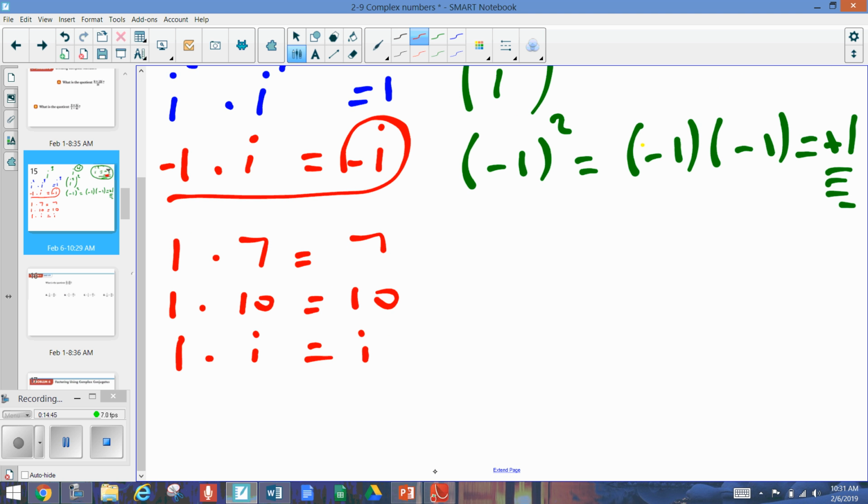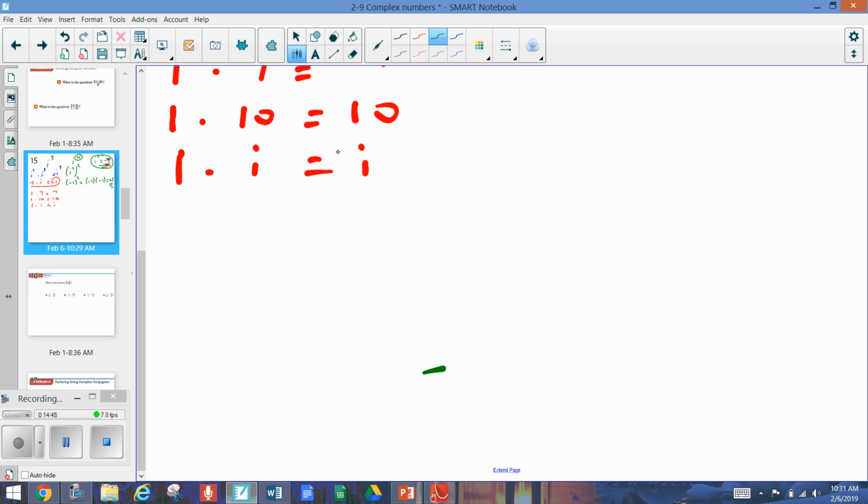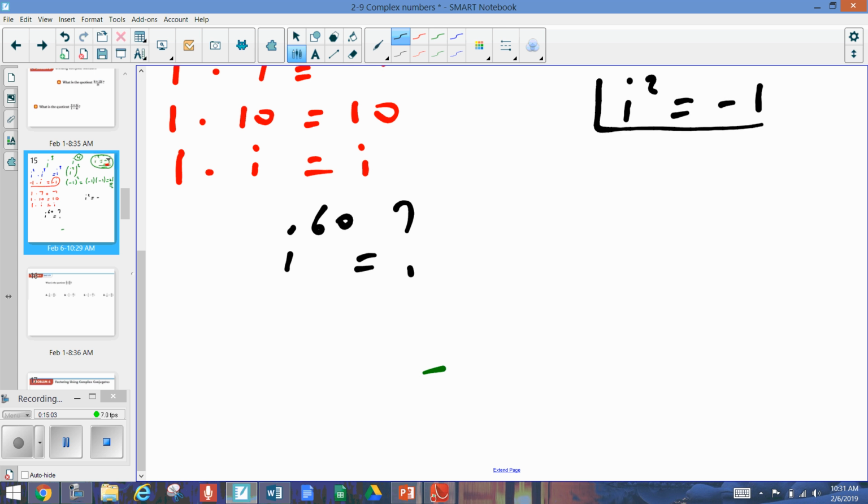I'm going to exaggerate a little bit and ask you this question. What is i to the power of 60? Let's check. What should I use? I need to use this key number, right? How can I write i to the power of 60 like this? What is the exponent going to be? 2 times what makes 60? 30.